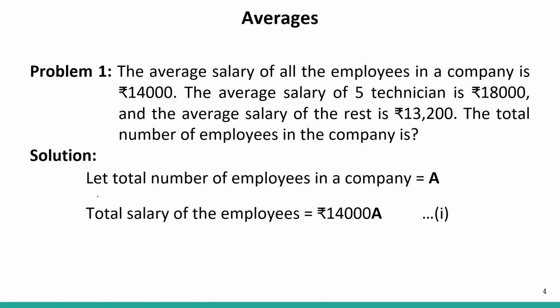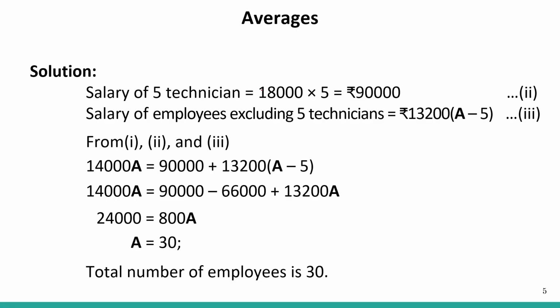So let's see the step-by-step solution. Let the total number of employees in the company be A. So the total salary of those employees will be 14,000 A. The salary of the 5 technicians is 90,000. The salary excluding the 5 technicians can be calculated by multiplying A minus 5 with the average.